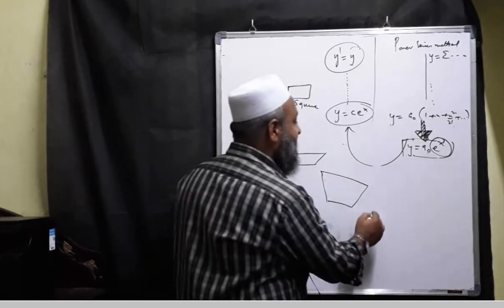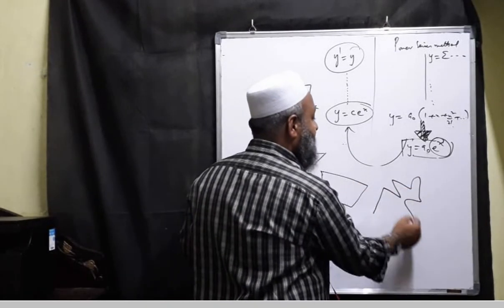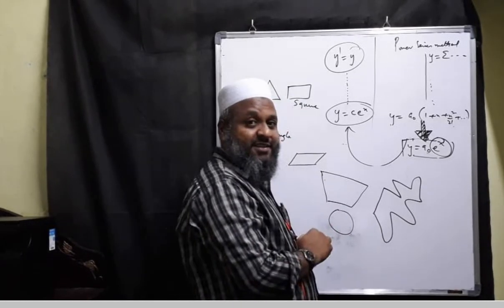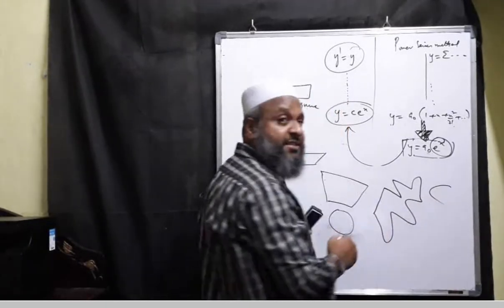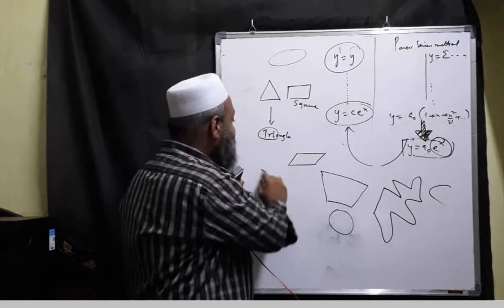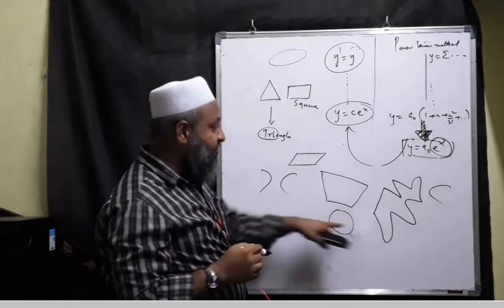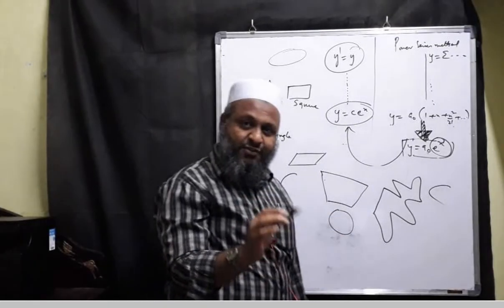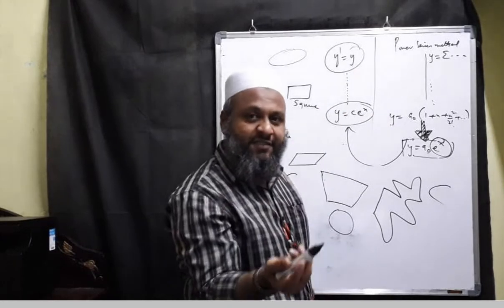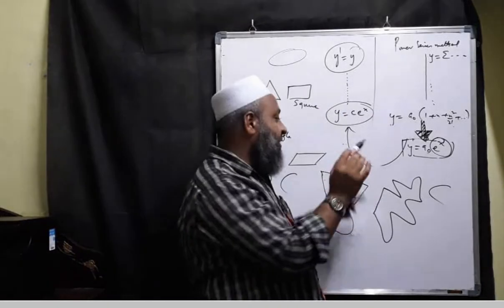Now you tell me, I have in this way, what is the name of this shape? You know the name of this shape. Okay, it's a circle. If I draw like this, you will say it is a parabola. If I draw like this, you will say it is an ellipse. If I draw like this, you will say it is a hyperbola. What is the name of this particular figure? Is it possible for us to give a name for each and every figure? Impossible, because you can draw in any way. So names can be finite only.